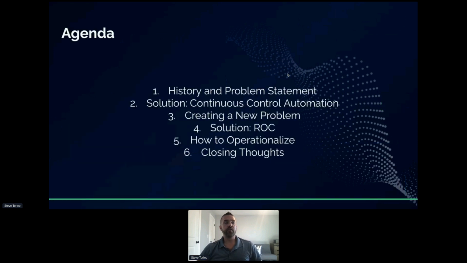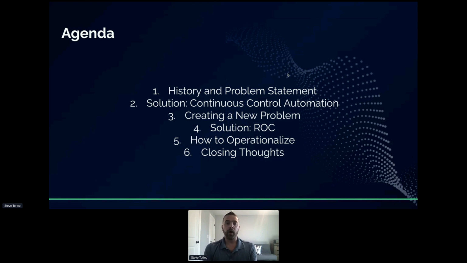Just to go over a brief agenda of what we'll cover, I'm going to go through a little bit of history and some problem statement to kind of just discuss the reason why we got to where we've gotten today and the solution that we've put together to kind of solve that through continuous control automation. I'm then going to get into discussing how in solving one problem, we've potentially created another. And then that's going to get us into the bulk of the conversation around what we're evangelizing as the concept of a risk operation center.